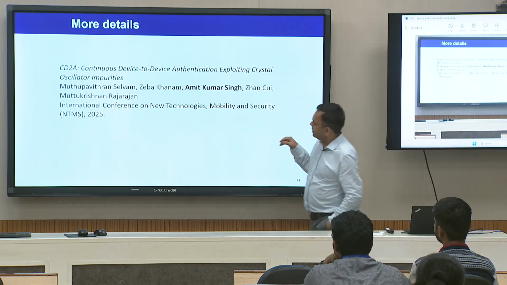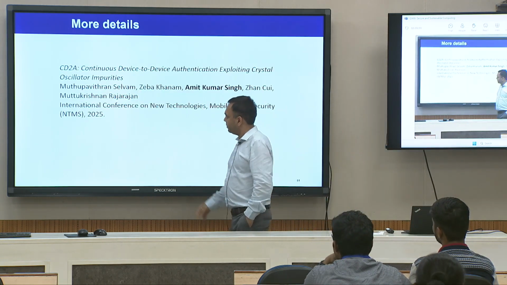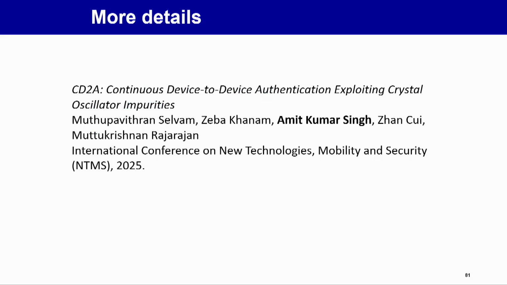For more details, you can look into this paper. I think this was recently presented. I think I already told you this is work with one of the companies that produces routers in the UK, British Telecom.